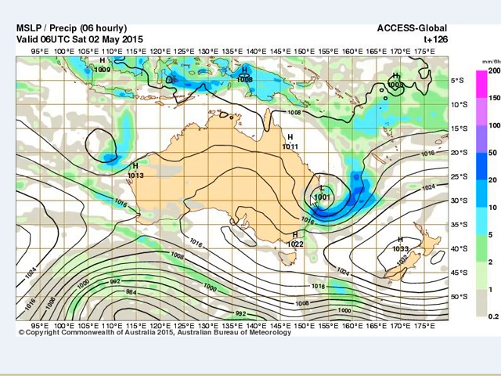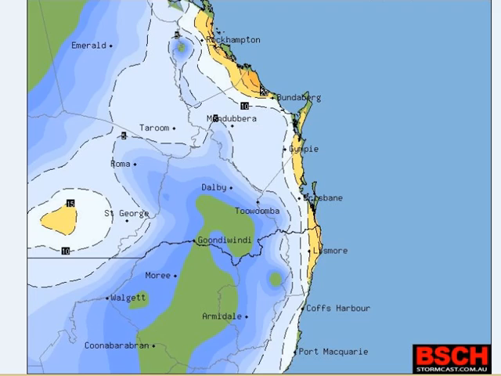Don't expect it to hang around and cause significant damage like last week to the central coast of New South Wales. It would be much more likely to be a bit of a quick hit of 100 mil and then move away. Obviously, it's still going to cause some troubles and issues on already saturated ground.